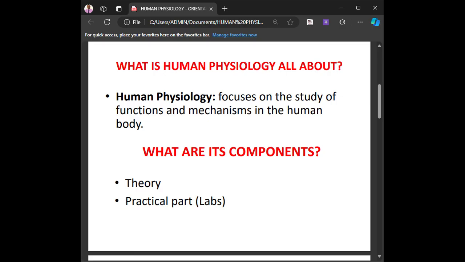What you were learning in theory, you now go and carry out those concepts in practical. For instance, let's say there is a topic that has to do with transport mechanisms, on how materials move in between cells.